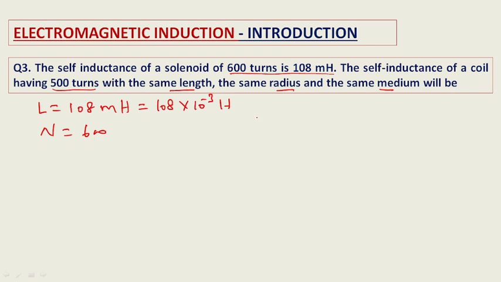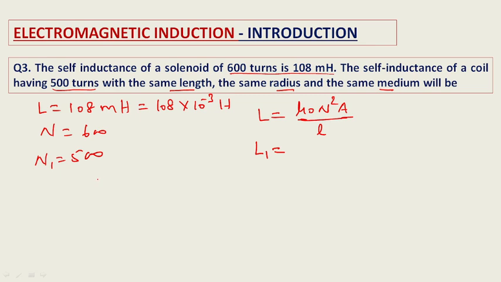Just now we have seen that the formula for finding self-inductance is mu 0 n square A by l. So we have to find L1 for the case where the turns are changing. In this case, the new number of turns has become 500 and nothing else has changed, only the number of turns.